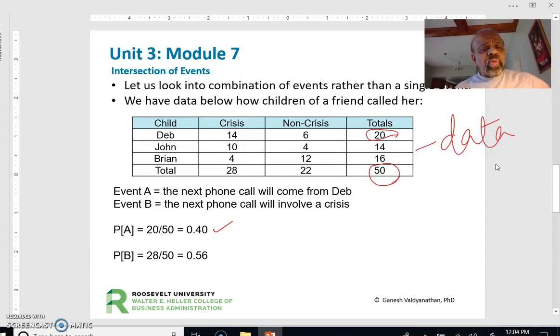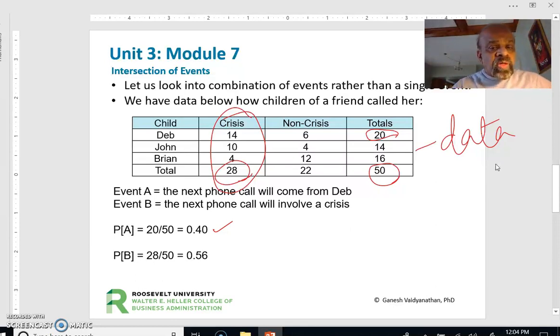So my friend asked me, okay, what is the next phone call that will involve a crisis? If I'm going to do the crisis, I have to take all these things together. That means my total outcome is 28. This is a crisis call. It's going to be crisis not only from Deb, but also from John and also from Brian, because all of them are crisis calls.